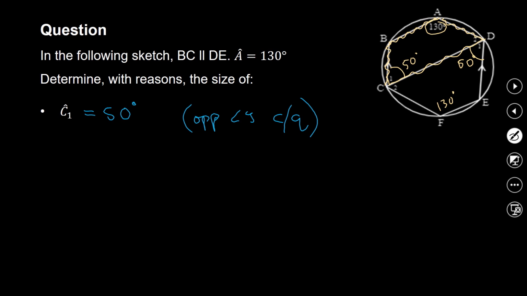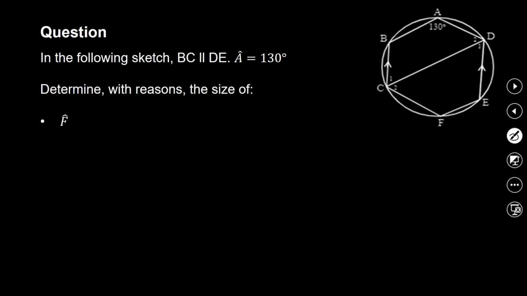Remember, I did say that with cyclic quad we normally write Q to show the concept of a cyclic quadrilateral. Then the other thing they needed me to find was angle F, right? With angle F, I will say this angle here is firstly equal to that, and then link it to angle F. So I will first say C1 is equal to D1.